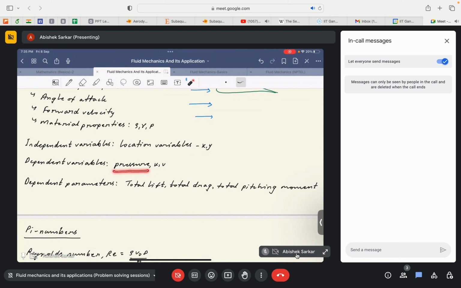Not pressure because it's a scalar quantity, but especially the vector quantities, which are the velocity components, are very much dependent on the coordinate system that we choose. So that's why they come under dependent variables.